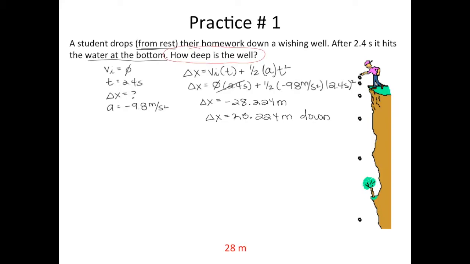If we know that it took 2.4 seconds to get to the bottom of the well, and in that time it will have displaced 28.224 meters down, then the height of the well is 28.22 meters. That's your answer. All right, let's go to the next problem.